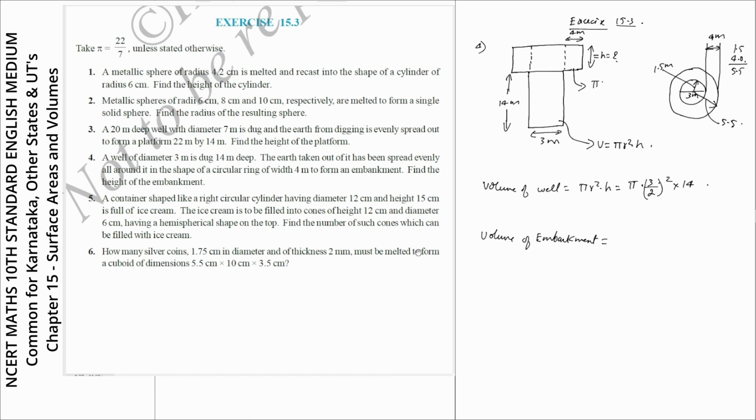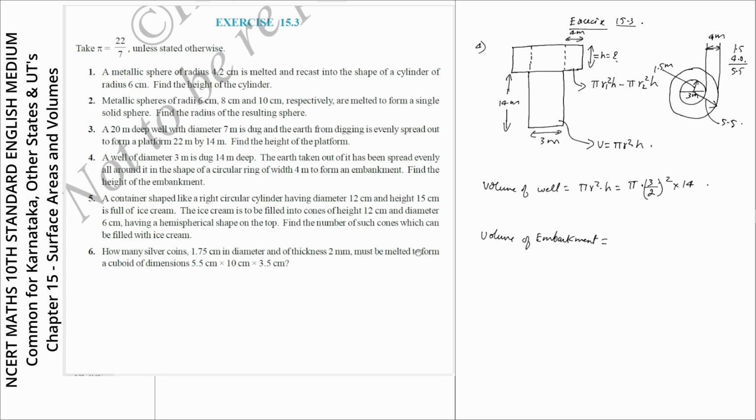I'll take the bigger radius as r1. Pi r1 square h minus pi r2 square h, where r1 is 5.5 and r2 is 1.5. So the embankment is in the form of a hollow cylinder.